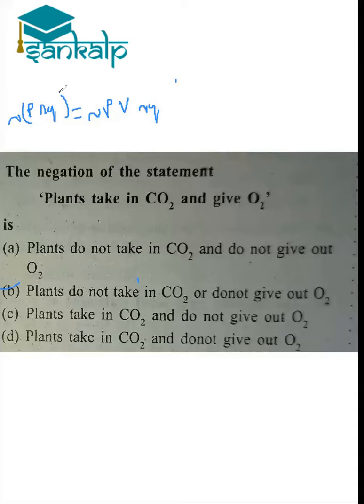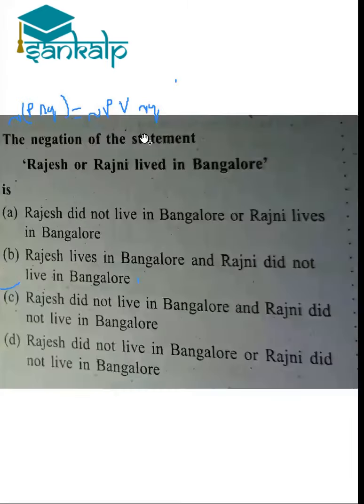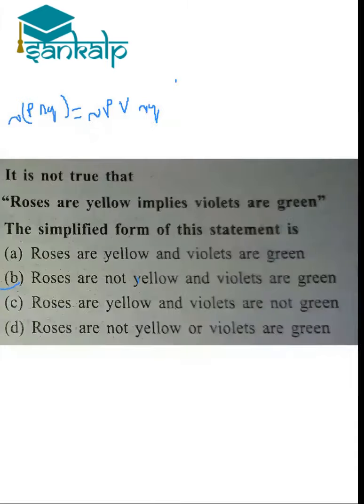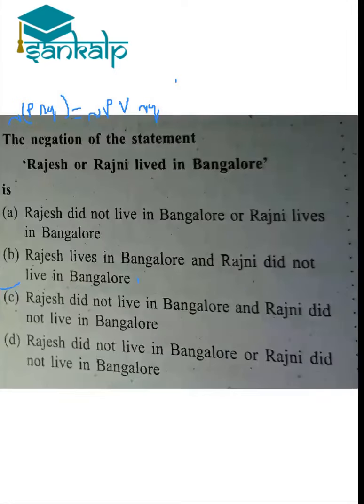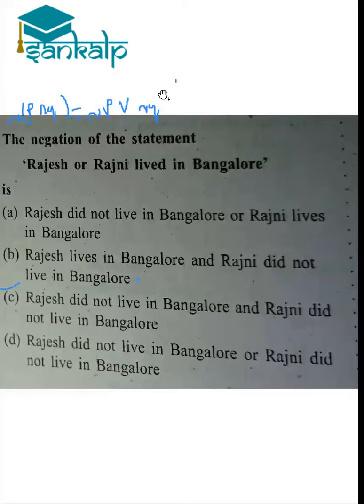Next example. The negation of the statement: Rajesh or Rajni lived in Bangalore.